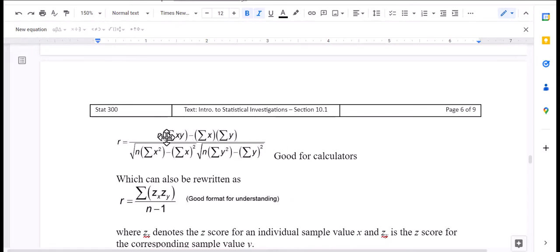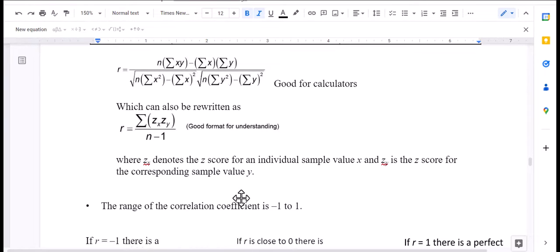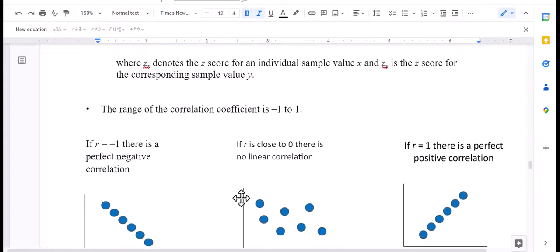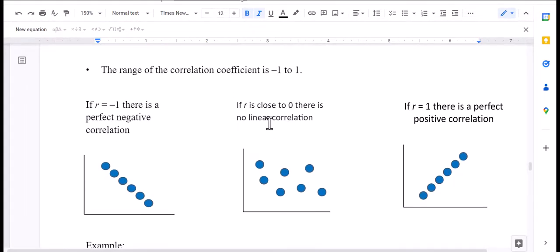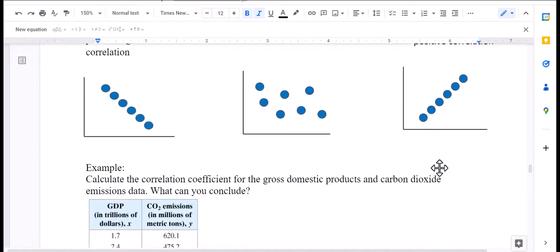This can also be thought of as the sum of the product of the z-scores of x and the z-scores of y, divided by n-1, the degrees of freedom. The range of the correlation is from -1 to 1, with 0 being no correlation, 1 being a perfect positive correlation, and -1 being a perfect negative correlation, and very linear.